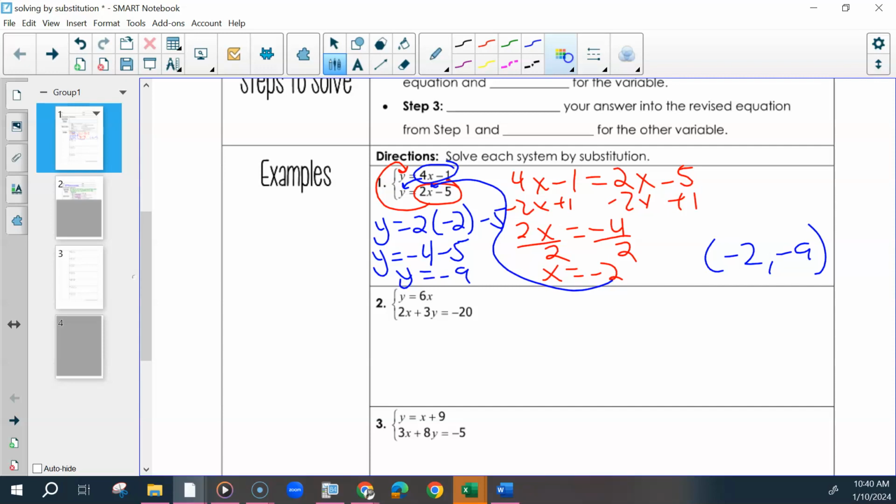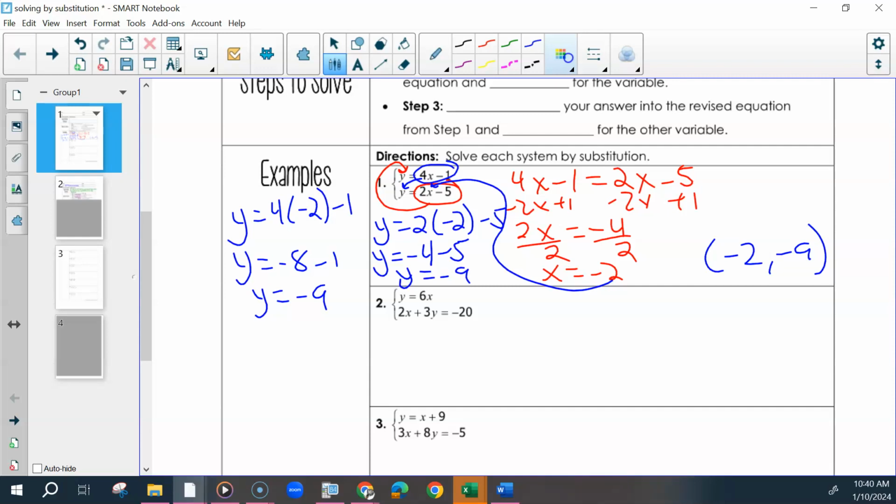So if we were to put the -2 with the 4, would it be the same? It should be. So here we have -8 minus 1, so yes. So as long as you do your math right, it doesn't matter which equation you choose.